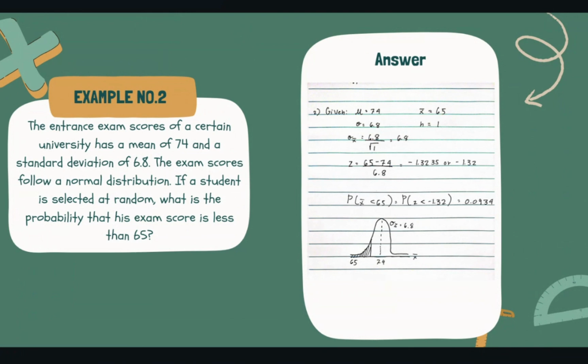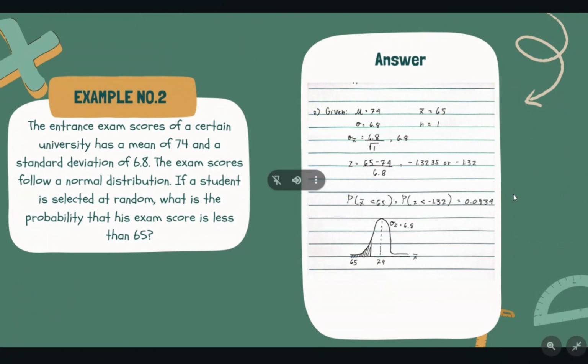And for our z-score, 65, our x bar, minus 74, the mean, over the standard error, 6.8, is equal to -1.3235, or -1.32, because when getting the z-score we only need two decimal places. So the proportion of x less than 65 is equal to the proportion of z less than -1.32.